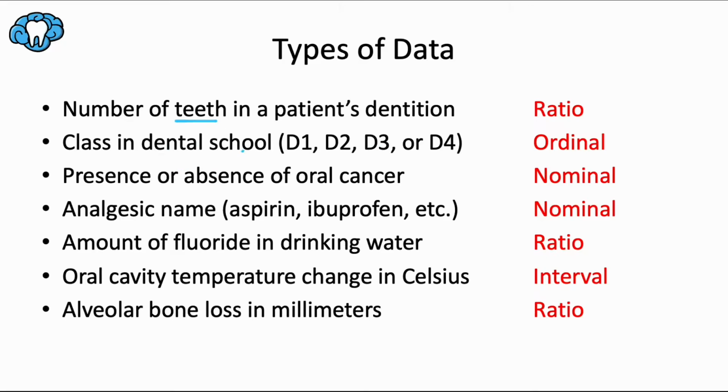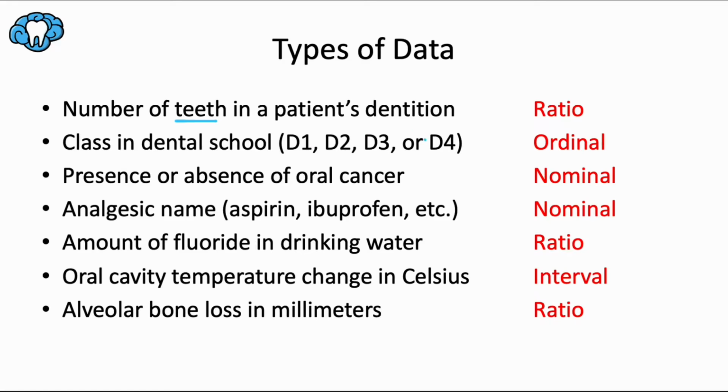Class in dental school, so you're either a D1, D2, D3, or D4. Of course, some dental schools have a 5th year, other programs have less than this, but it doesn't change the outcome. So all of these classes are given a name or label, but they're also ranked in a specific order. 1st year, then 2nd year, then 3rd year, then 4th year.